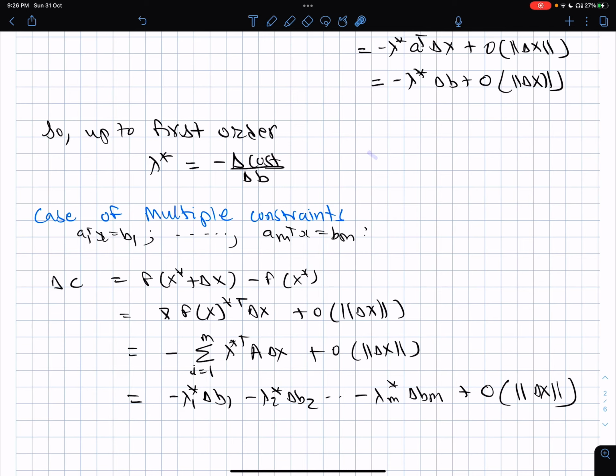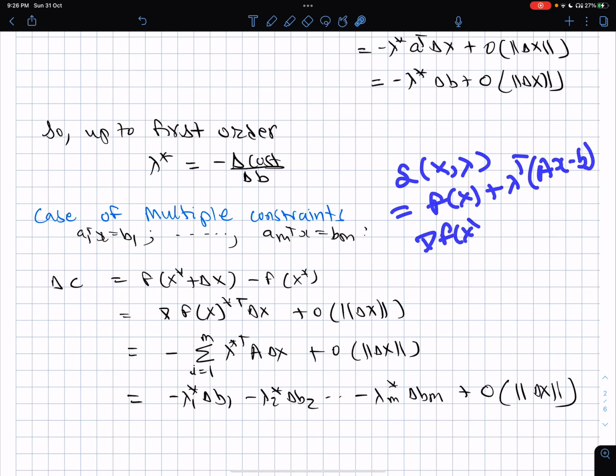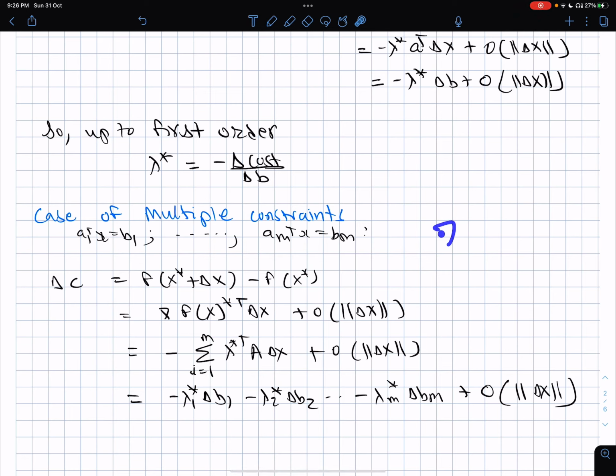But now here, how do you write the Lagrangian function? F of x plus lambda transpose (Ax minus b), correct? And then when you set the gradient to 0, this will become A transpose lambda, and assuming regularity, gradient of f at x star plus A transpose lambda is equal to 0.